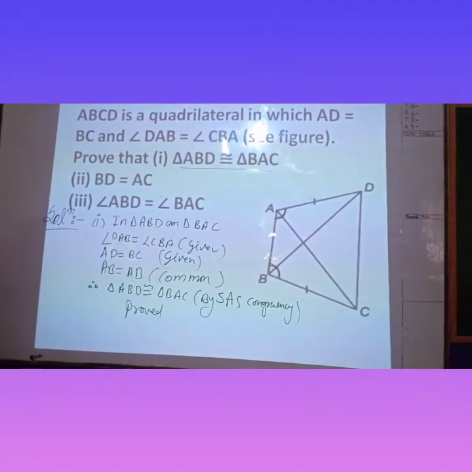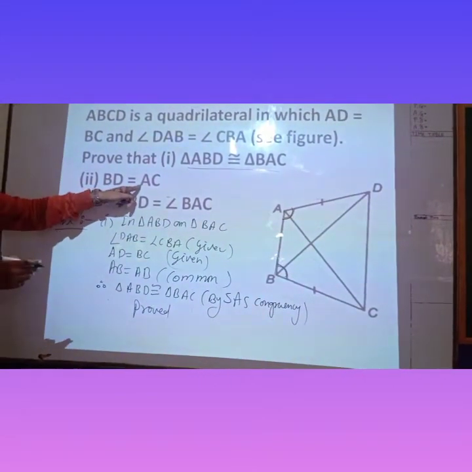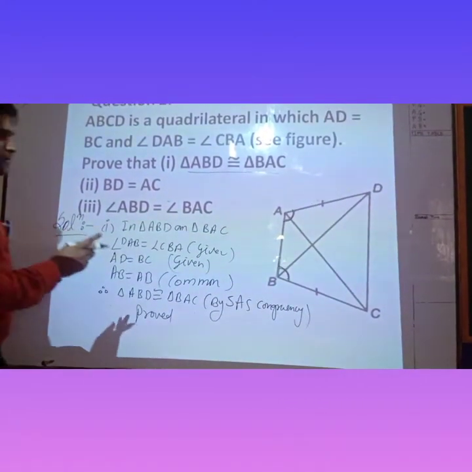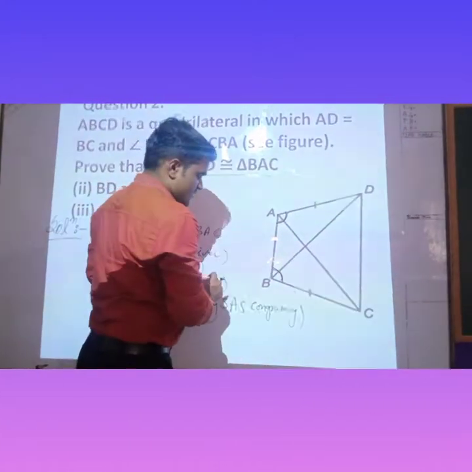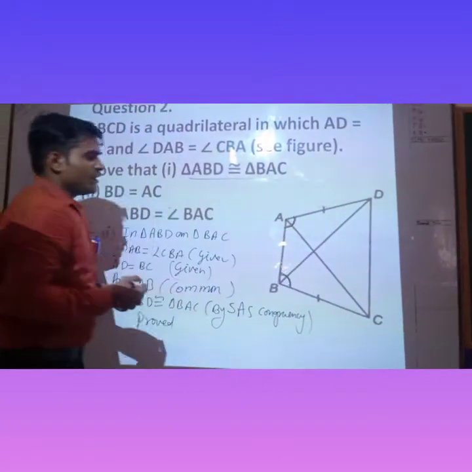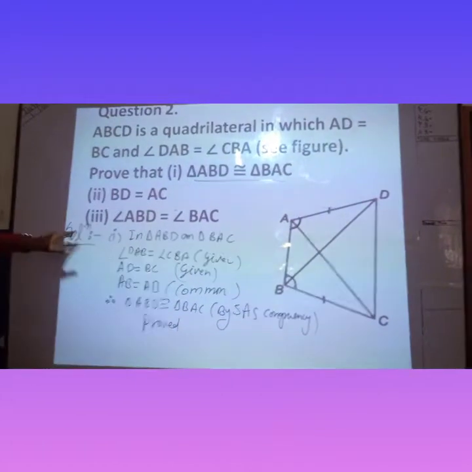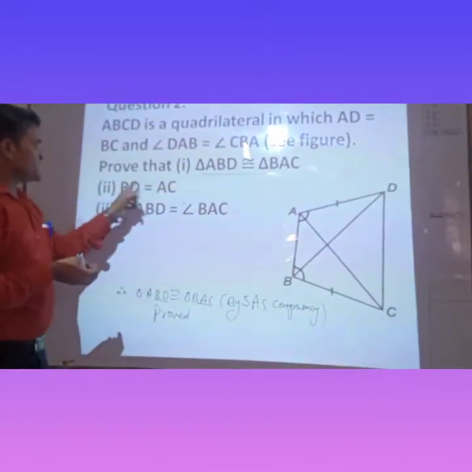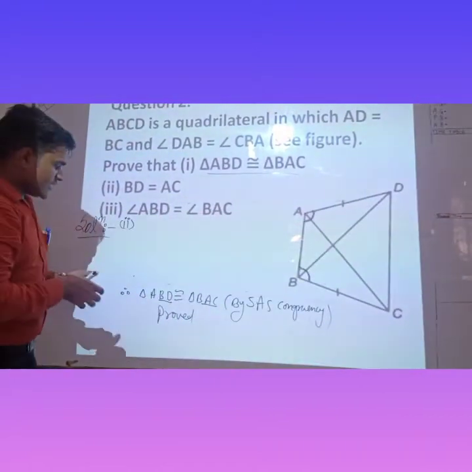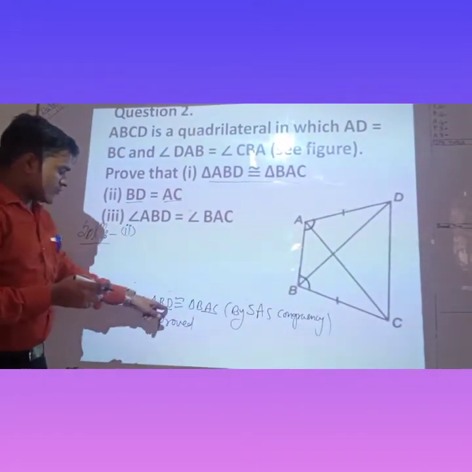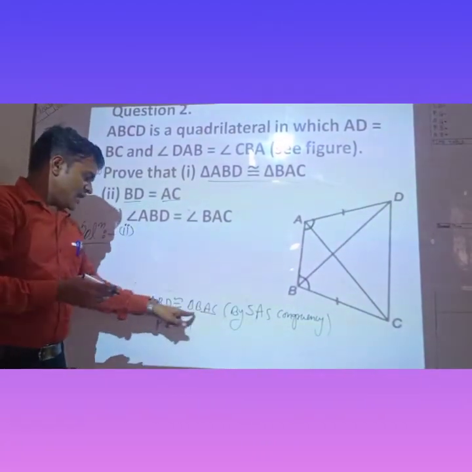But here children, it is asked to prove BD is equal to AC. We have to prove that BD and AC both are equal. So children, BD and AC are parts of the congruent triangles ABD and BAC.